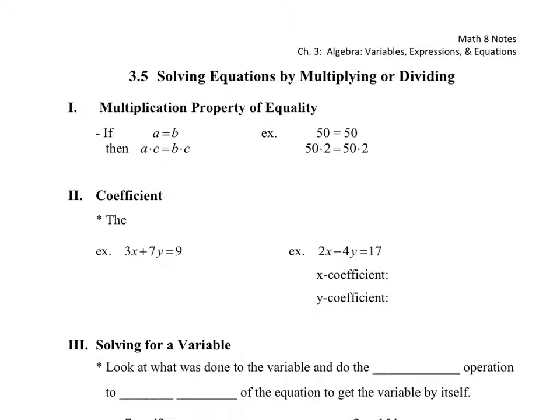When we think of a coefficient, it's a math word for the number in front of a variable. For example, this 3 here is the x coefficient.